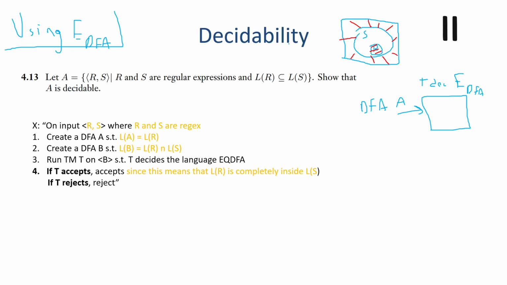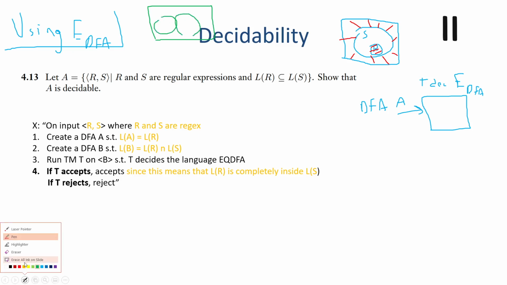For every scenario other than the one we care about, we're going to get nothing. Let's see the general scenario. What does the intersection give us? So we have, say, R and S. Everything outside of S, we're going to be intersecting with R.